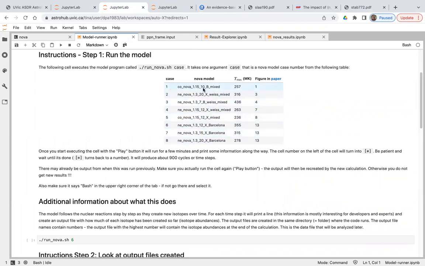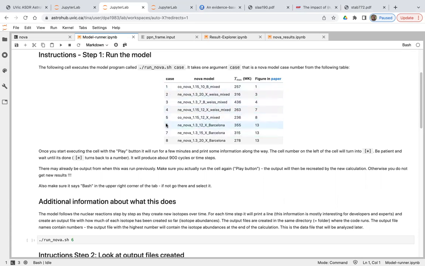So here it is explained to which set of NOVA parameters each case corresponds. The first number is the white dwarf mass, carbon-oxygen-neon, white dwarf central temperature, and the latter codes mass accretion rate. Mixed, you know what it means. Barcelona is just the initial chemical composition from the Barcelona group, okay, or from arXiv.